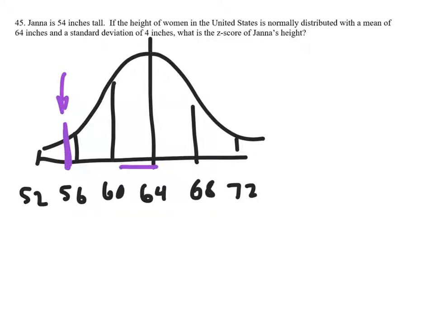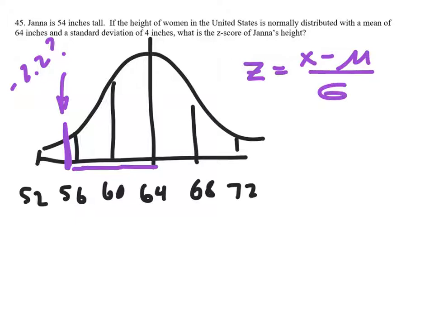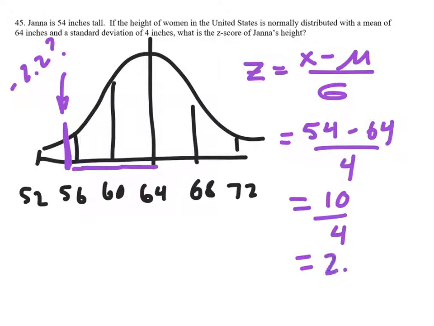Now that would be -1, -2, probably, if I'm just guessing, minus 2.2 or something. But let's calculate that z-score. The z-score is her score minus the mean, divided by the standard deviation. So 54 minus 64 divided by 4, which is -10 divided by 4, -2.5. Careful, it's minus 2.5, because she went this way. Minus 2.5 is her z-score.